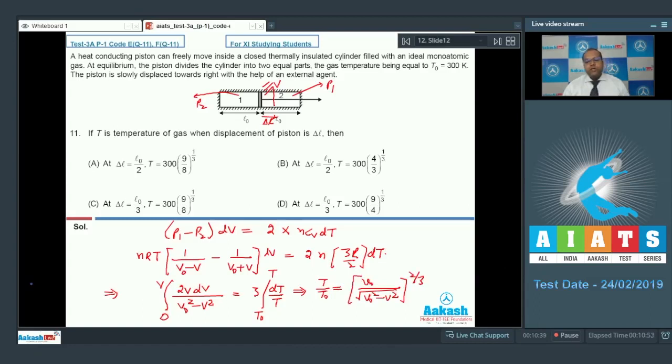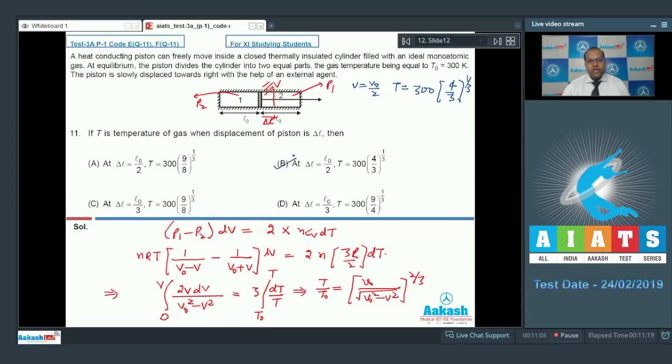If I substitute the value of V equal to V0 by 2 at delta L equal to L0 by 2, then the value of T comes out to be T0, that is 300 into 4 by 3 raised to the power 1 by 3. So option B is correct and A is wrong.